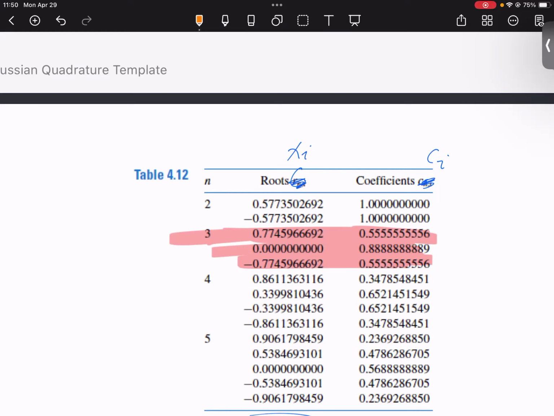This one is with 3 node points, and for different numbers of node points, there are different coefficients. These are the 4 node points, and these are the 5 node points. But as you can see, you need to solve the equations, and that's so complicated. If you want more node points, that's too hard to solve.